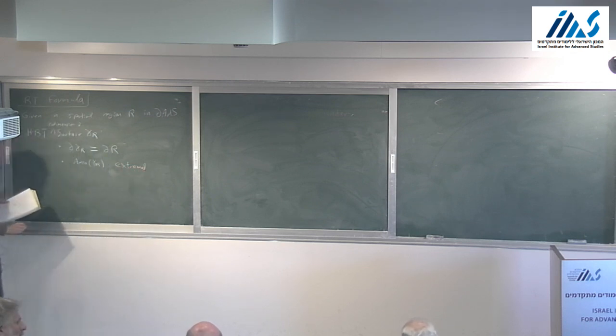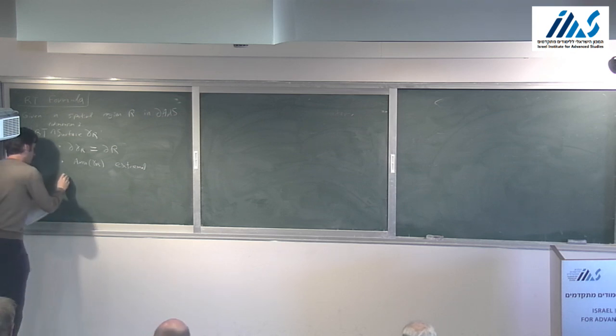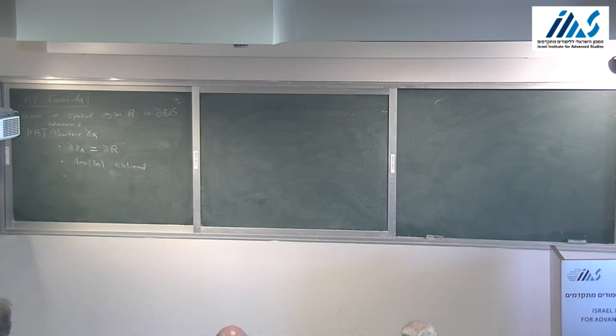In AdS 3, that would be saying that it has to be a geodesic. In higher dimensions, it's codimension 2, so if we're in AdS 4, then it's a surface, not a geodesic.